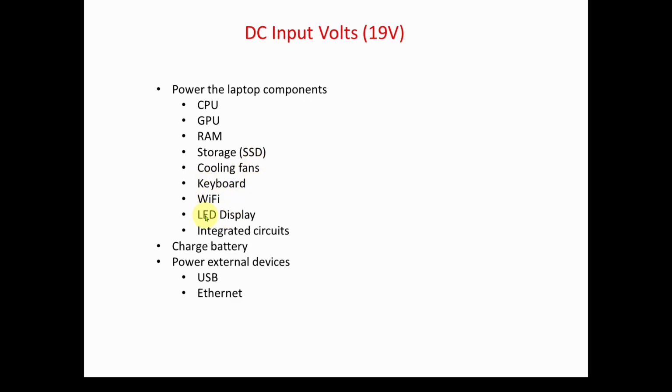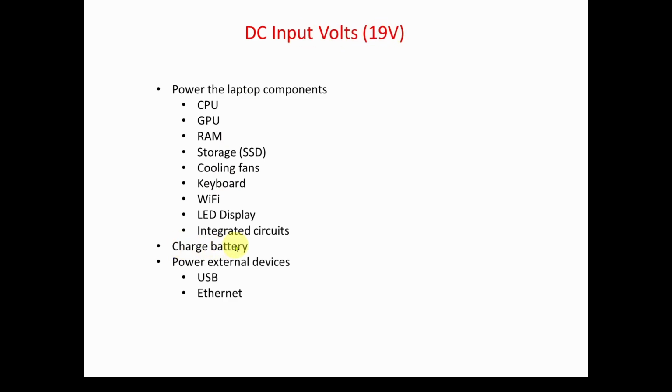Of course, the laptop LED or LCD display, you need voltage for that. And as I mentioned, every single integrated circuit on that board requires power in order to function, to do all its logical operations. So all of these components need to be powered by that DC input volts.